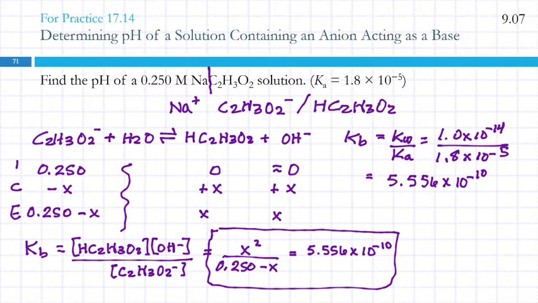Doesn't matter which side you put on the left in the equation, it's going to come out the same.